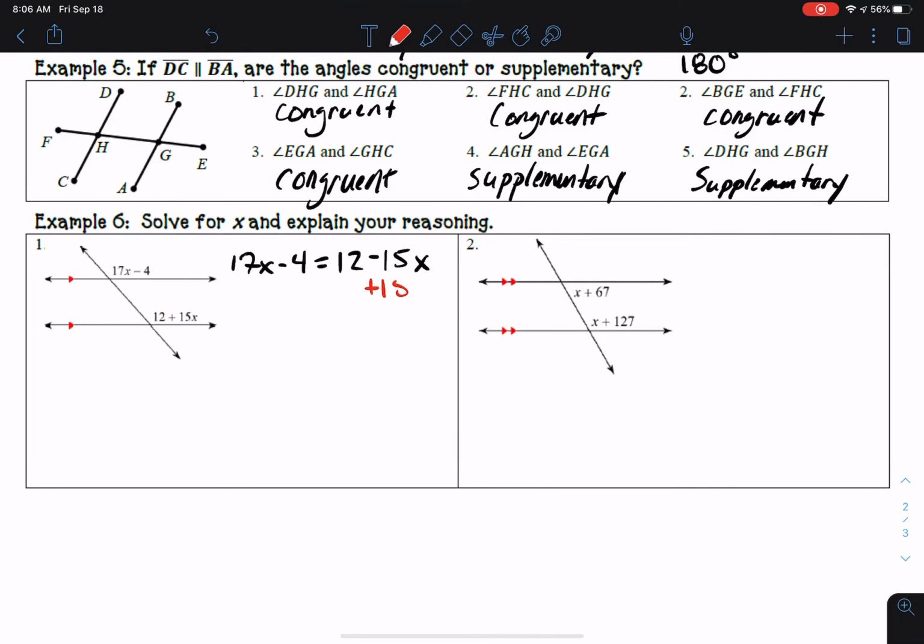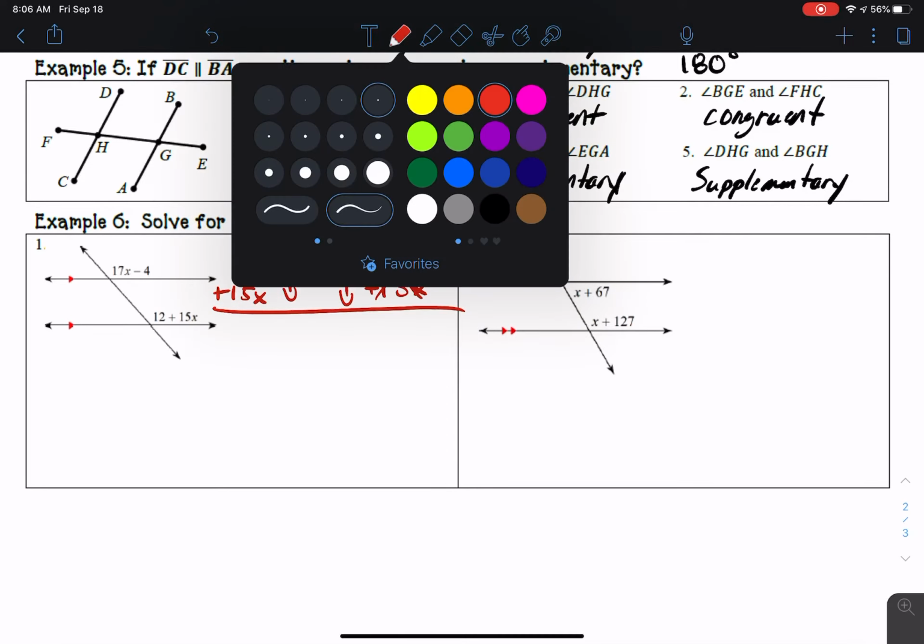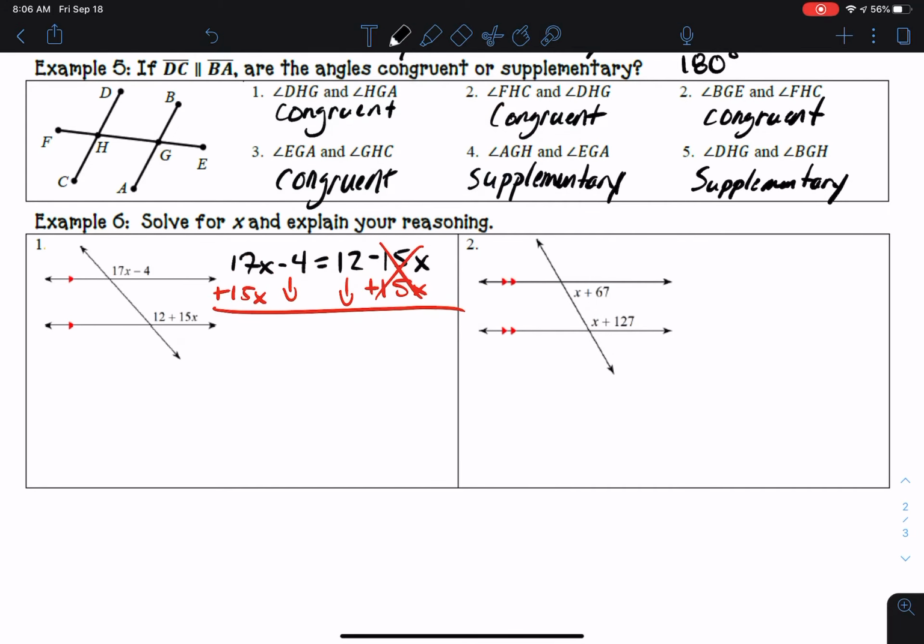So I add 15x, add 15x. That guy's gone. This guy comes down, this guy comes down, and 17 plus 15 gives me 32. 32x minus 4 equals 12.